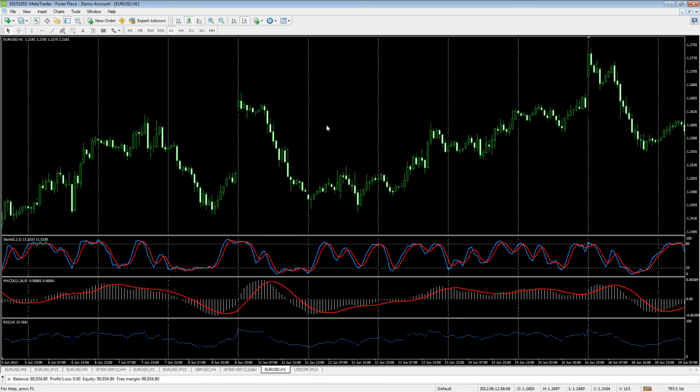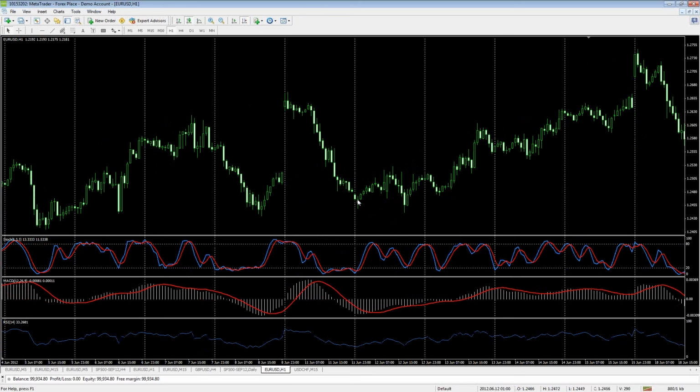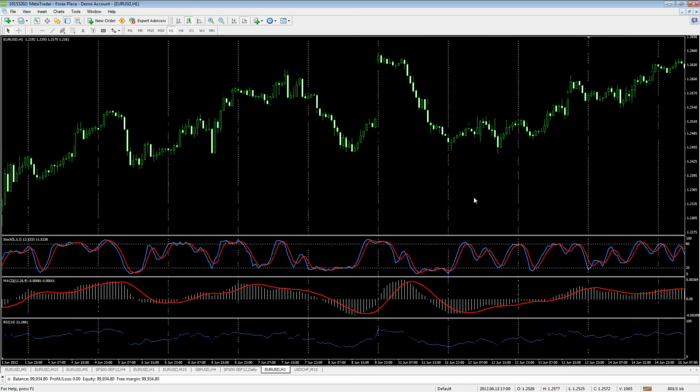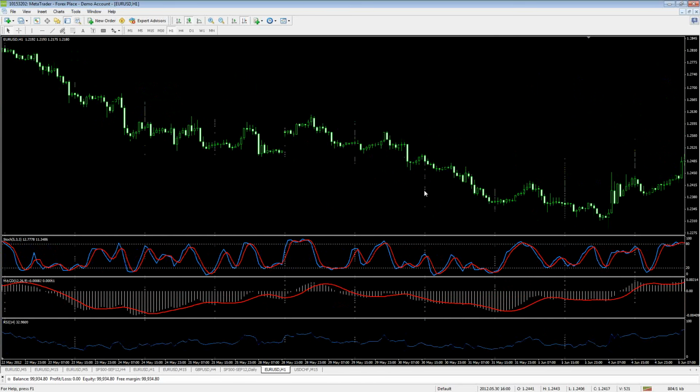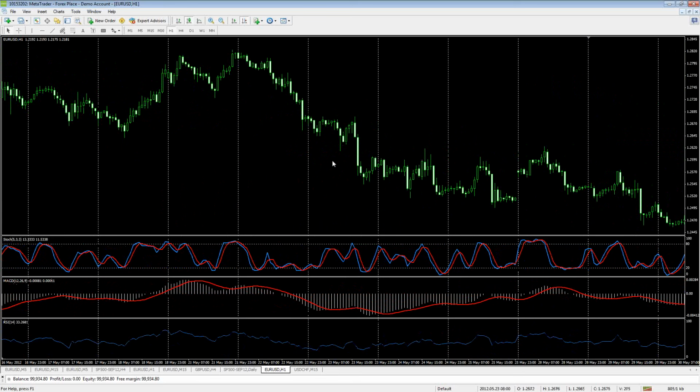And again, I'm not talking about plain double tops or double bottoms. I'm talking about these who have second divergence or things like that. And I'm looking here on the hourly chart.